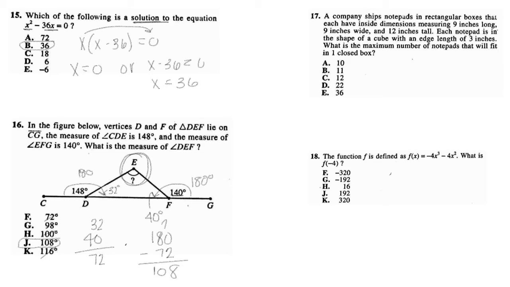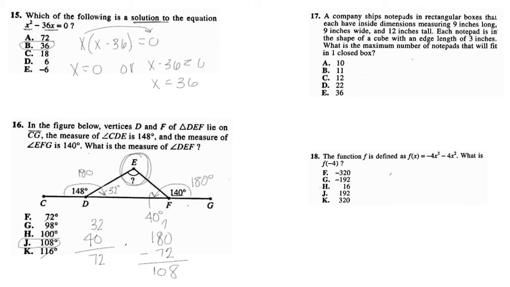Okay, number 17, moving on to 17. Let's see, what are we given here? A company ships notepads in a rectangular box that has inside dimensions measuring 9 inches long, 9 inches wide, and 12 inches tall.